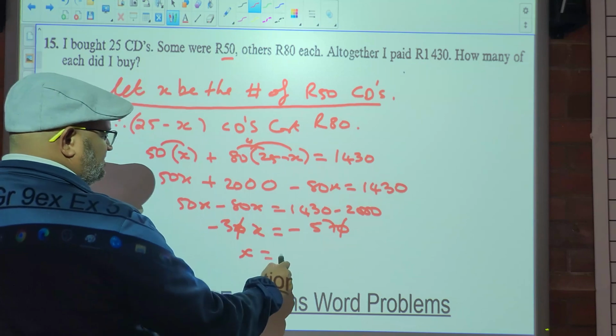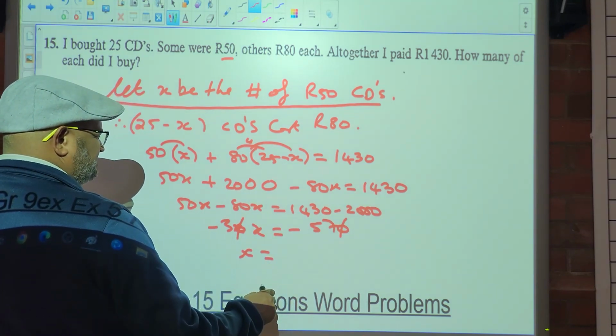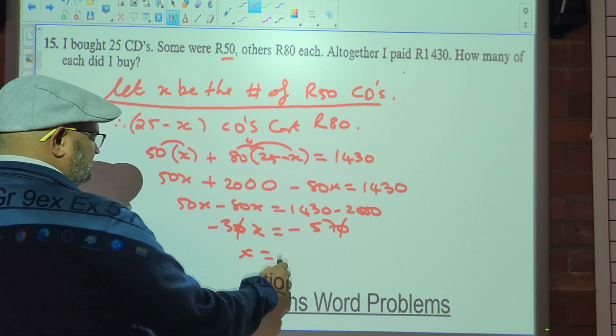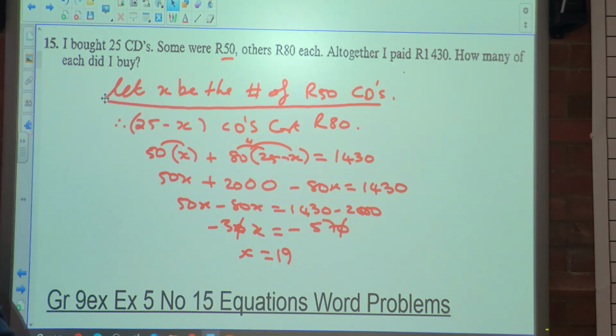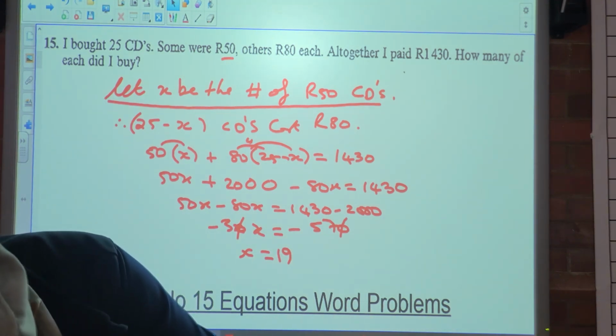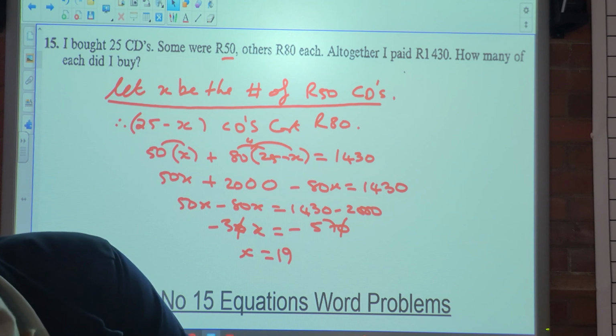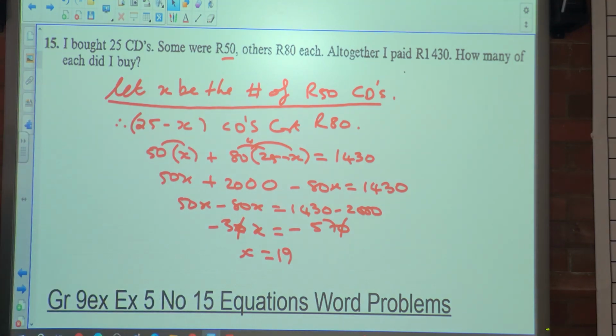So X is equal to 19. Check if that's correct. So yes, 19 is correct.